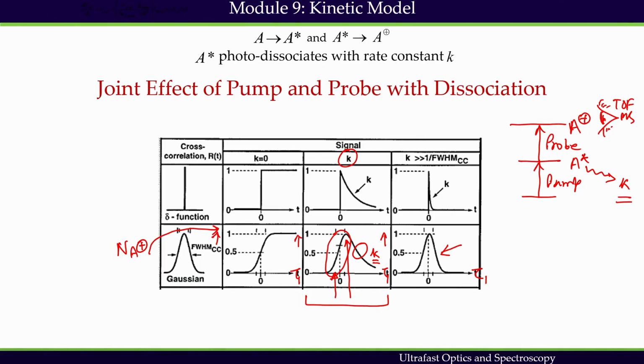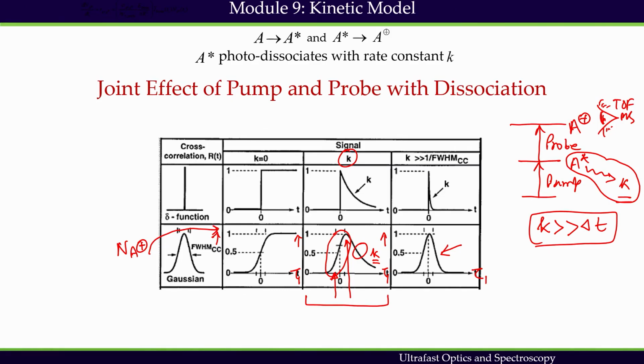In addition to that, let us say this photodissociation is very fast. When I say very fast, it means that k is much greater than the pulse width. If this is so, then we will not be able to measure the dissociation rate constant, we will end up with measuring the pulse, and this is an important realization.